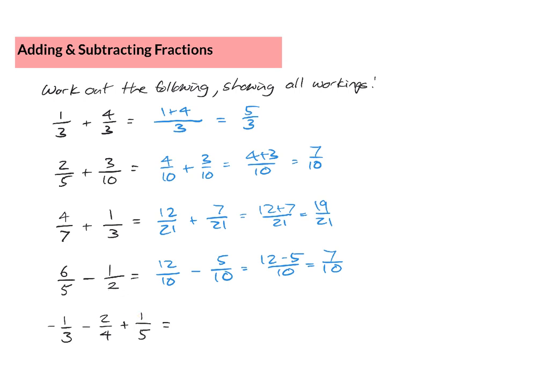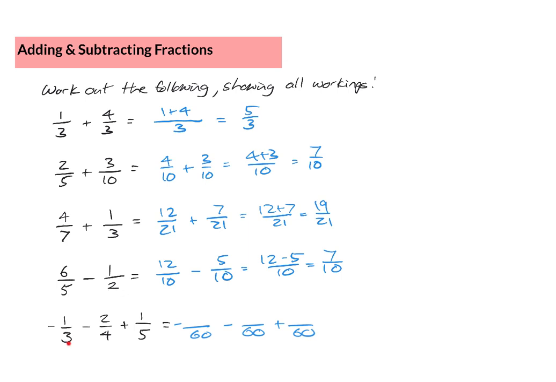I'm actually going to do it with one denominator, all 3 fractions in one go. So I know that if I multiply 3 by 4 by 5, I get 60. So I'm going to choose 60 as my common denominator. So I'm going to write that in first. I've got minus something over 60 minus something over 60 plus something over 60.